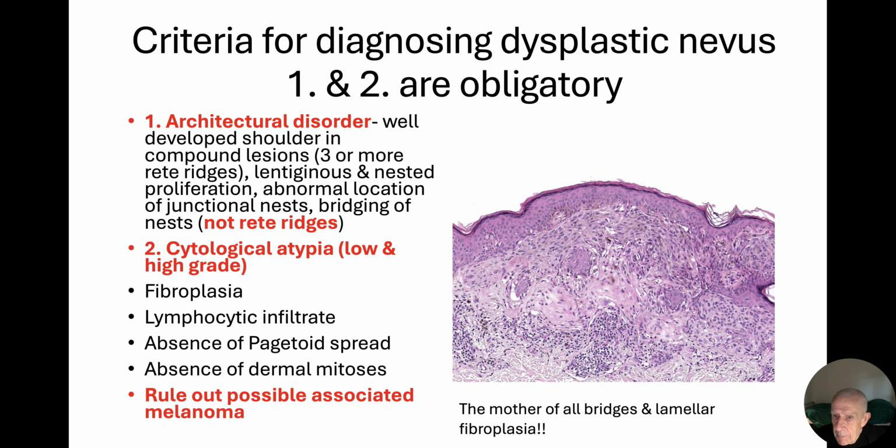And importantly, one doesn't see any evidence of pagetoid spread, and if there is a dermal component, there are no mitotic figures. If you find mitosis in the dermal component, then the whole thing's melanoma, not dysplastic nevus.